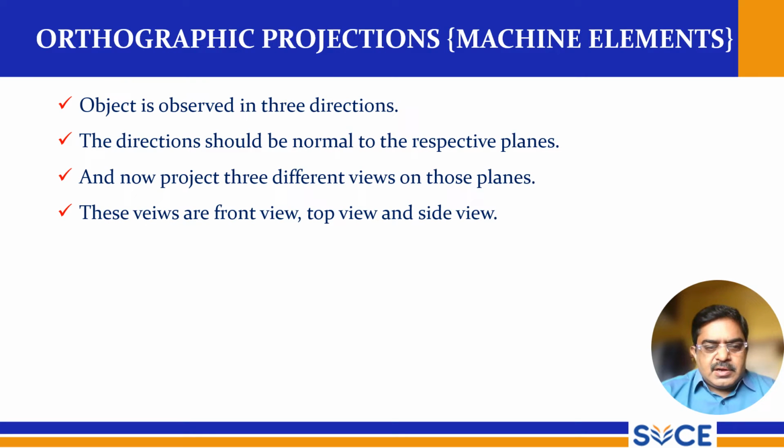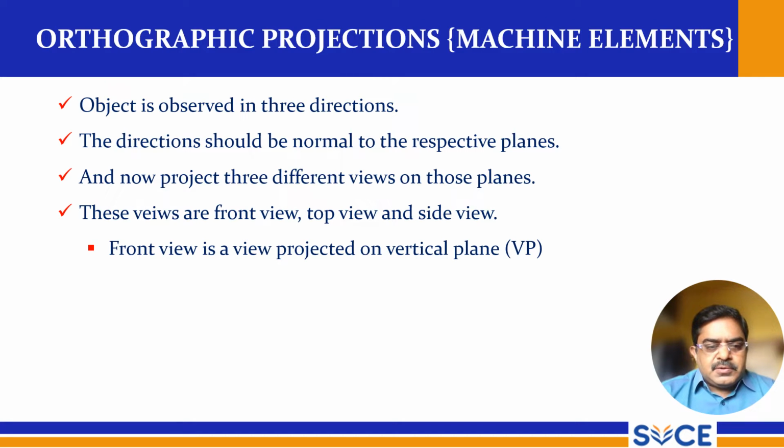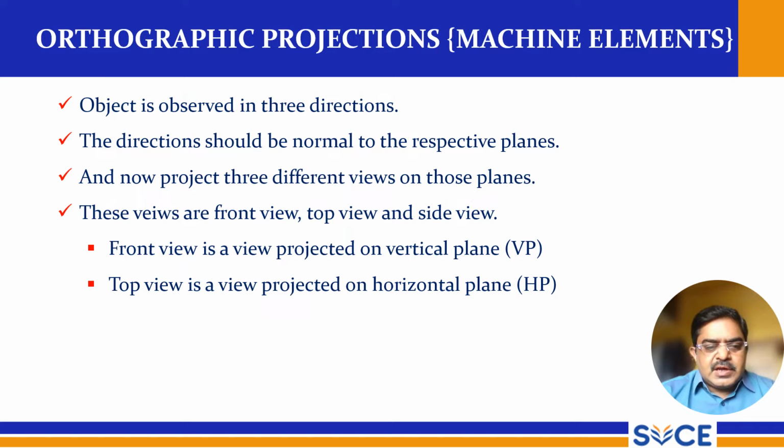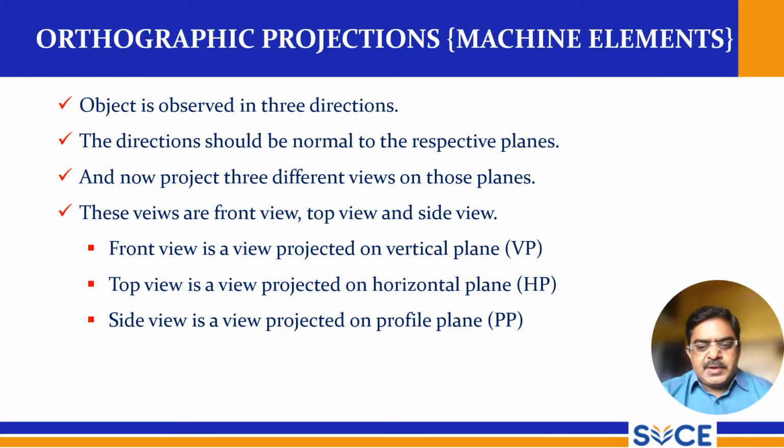Three views are front view, top view, and either right side view or left side view. Front view is always projected onto the vertical plane. Top view is always projected onto the horizontal plane. Side view is always projected onto the profile plane. That is also known as the PP plane.